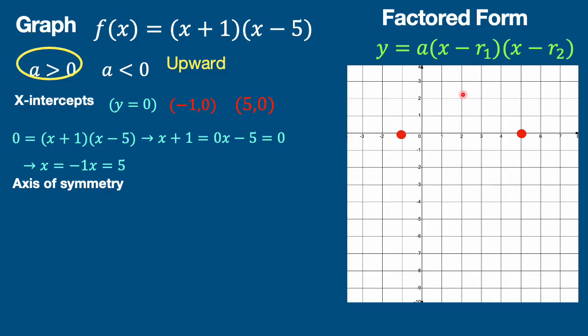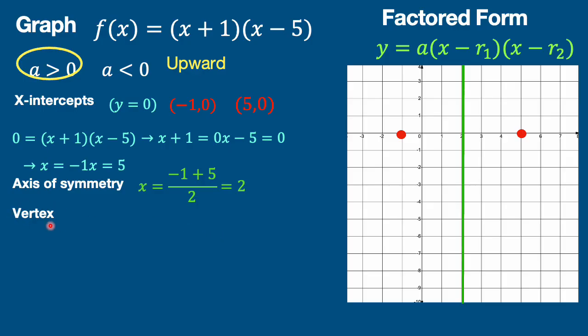The axis of symmetry passes through this x value, right? So the axis of symmetry is the middle of the x-intercepts. That's x equals 2. We can find it by the average of the 2 points: -1 plus 5 divided by 2. That's 4 divided by 2, x equals 2. That's the axis of symmetry.